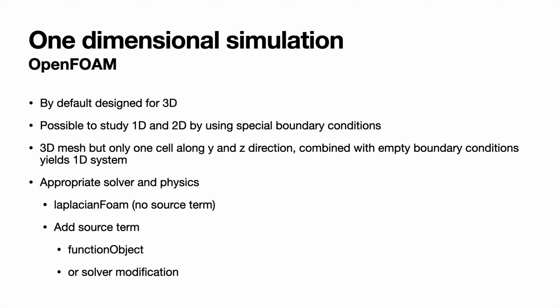We can either use the function object functionality in OpenFOAM, or we can modify the solver itself to add this source term. For now, we will only consider a function object formulation that is easier and we do not need a recompilation.